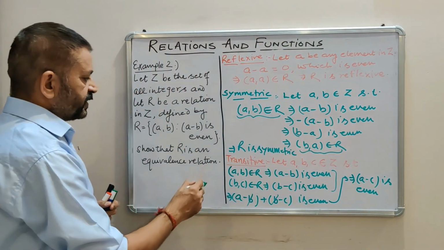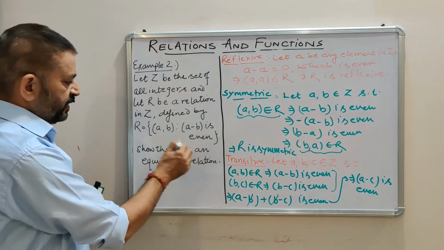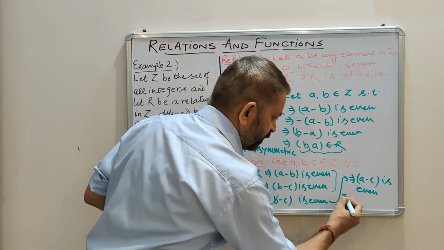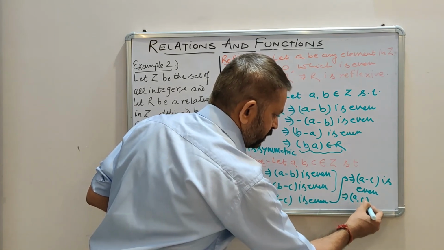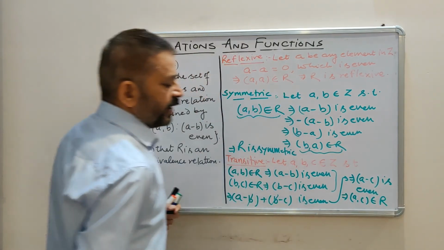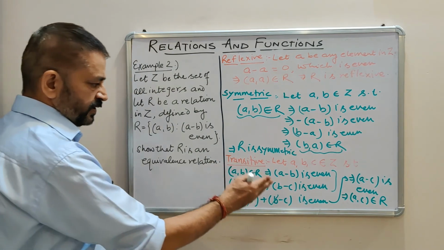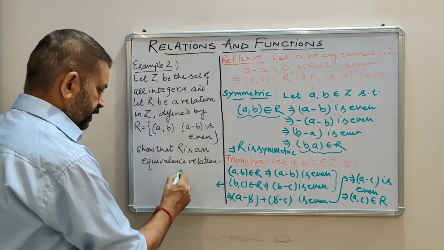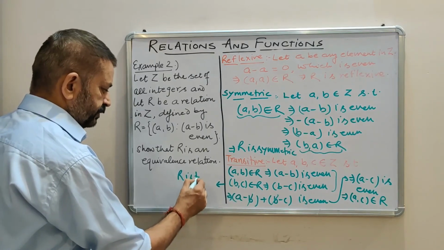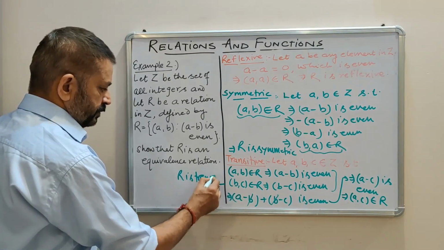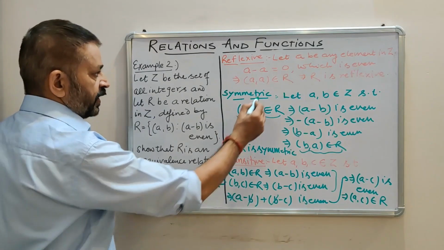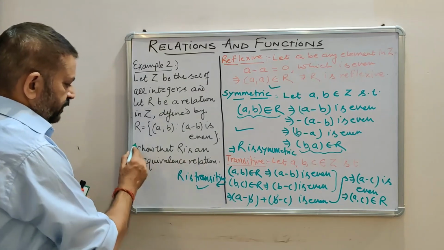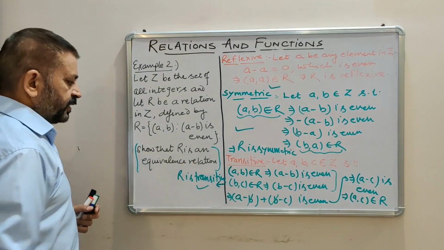If you look at the definition, a minus b is even, it means (a, b) belongs to R. So a minus c is even, it means ordered pair (a, c) also in R. So it means this relation is transitive as well. R is transitive. So R is reflexive, R is symmetric, R is transitive. We can say that R is an equivalence relation.